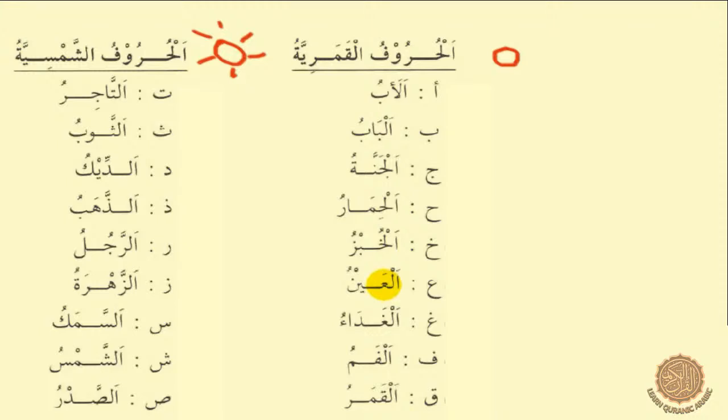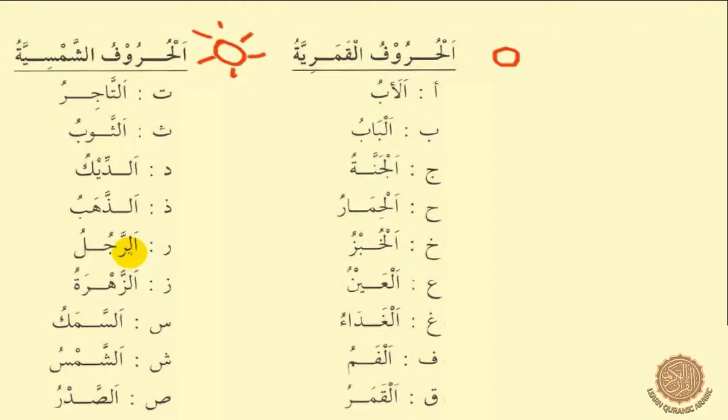The huruf shamsiyah, notice here, we have at-tajiru. At-tajiru, there's a shadda there. Al-thawb, the garment. Ad-deek, the rooster. Al-dhahab, the gold. Ar-rajul, the man, and so on.